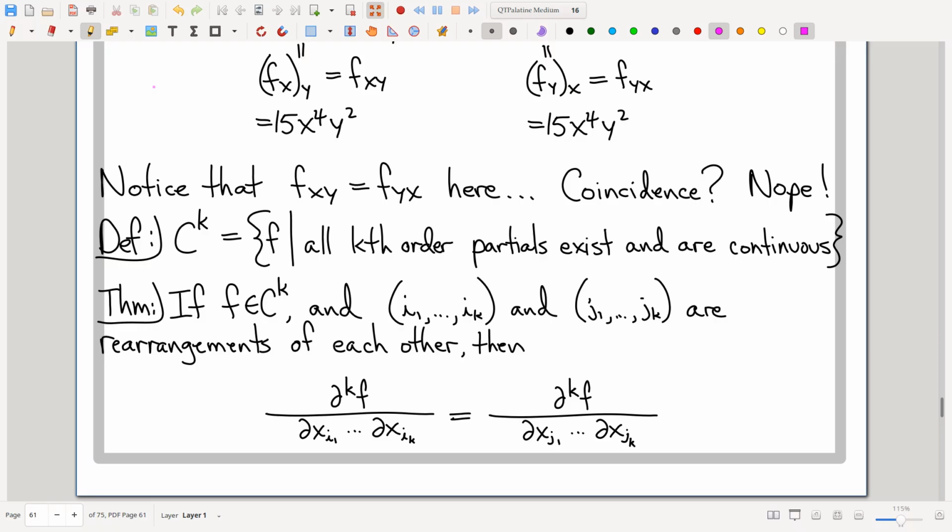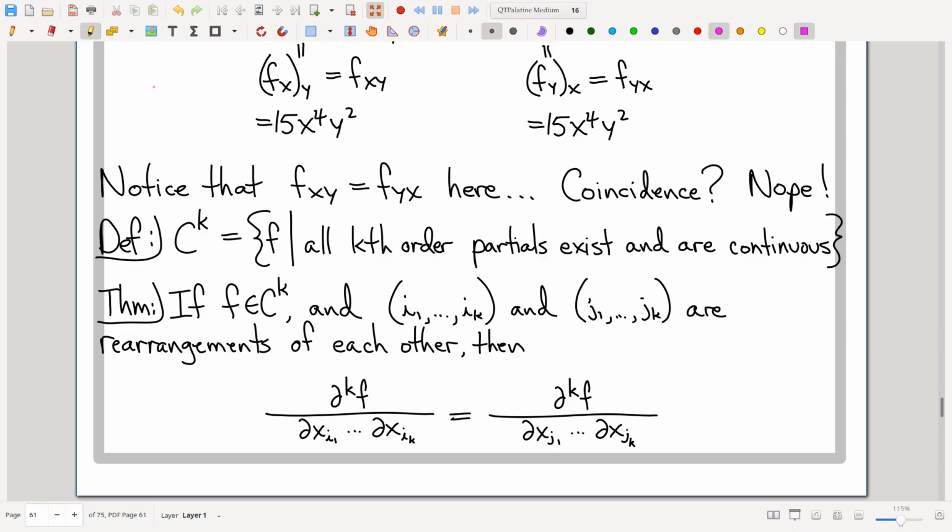So, easy examples. If you have a function that's a product of exponentials and polynomials and sine and cosine, well, anytime you take a derivative, you're just using the product rule, and those things move around, but you always end up with another function that's a product of exponentials and polynomials and sines and cosines, all of which are continuous.